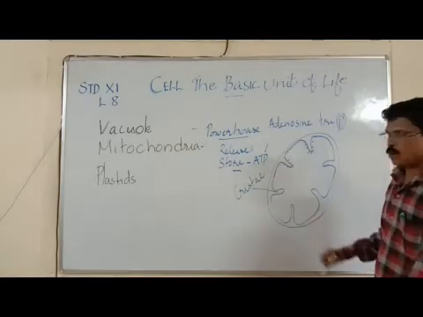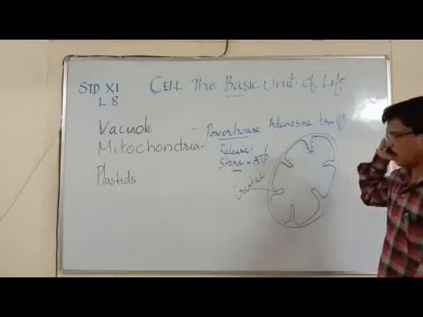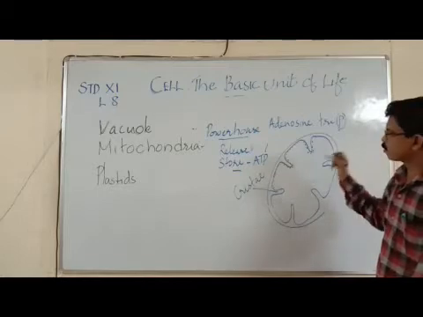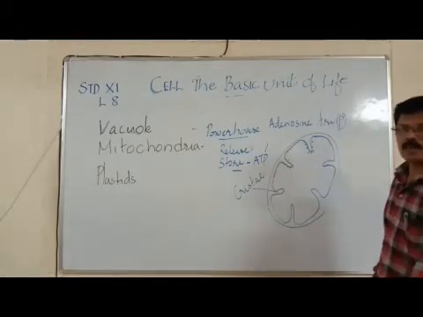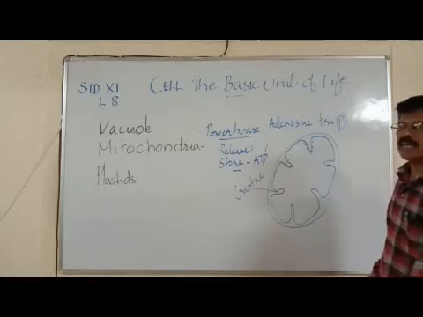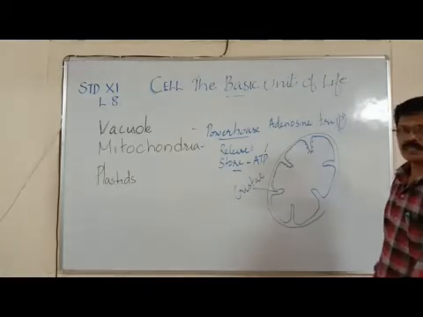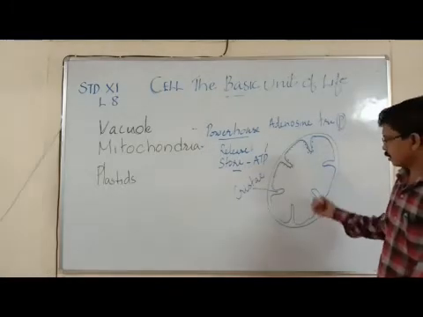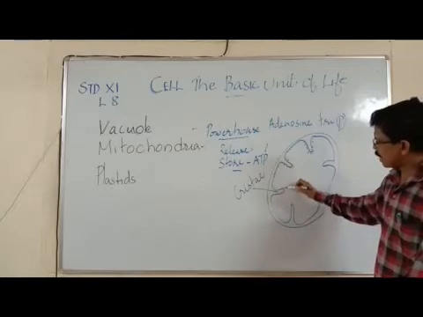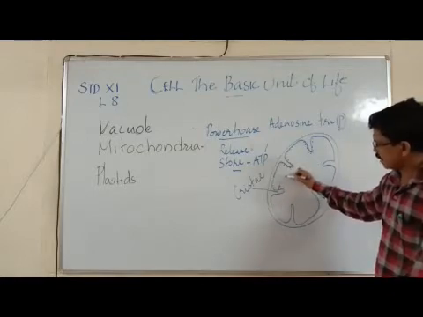Aerobic oxidation of nutrients takes place on the inner membrane of mitochondria. Hence, the inner membranes are enfolded to increase the surface area so that more food molecules can be oxidized and release energy. This energy is stored in ATP.